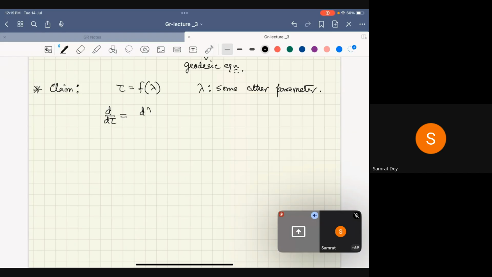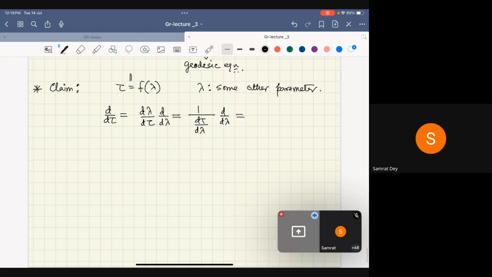So this is d lambda d tau d d lambda, and I will write it as 1 by d tau d lambda d d lambda, and this implies that d tau d lambda is nothing but f prime lambda, where prime is derivative with respect to lambda. So I will write it as 1 by f prime d d lambda, right? I hope everything is clear so far.